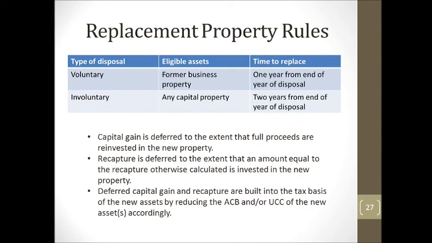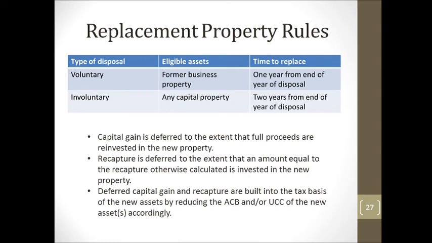Now, the disposed of assets must qualify as former business property. Now, that essentially is any real property that was used in the business. Furthermore, the replacement property must be acquired within 12 months after the year in which the disposition took place in order for this disposition to qualify for this tax relief.